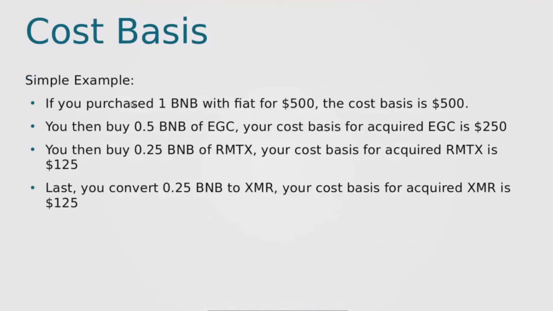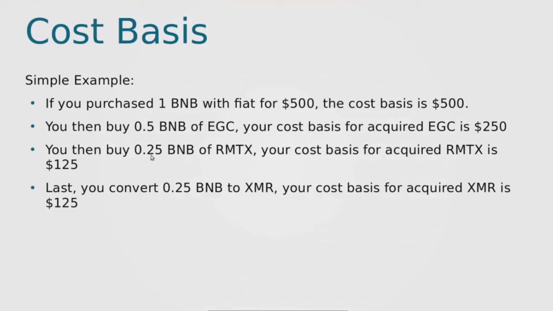So here's a simple example of cost basis. Let's say you purchased one BNB with fiat for $500. Very easy. Your cost basis is $500. You then buy 0.5 BNB of EGC. Your cost basis, that's half of one BNB, so half of 500 is 250.